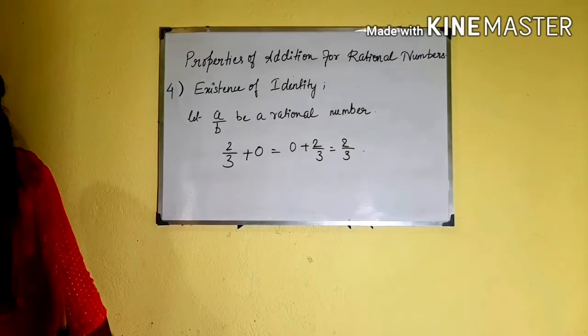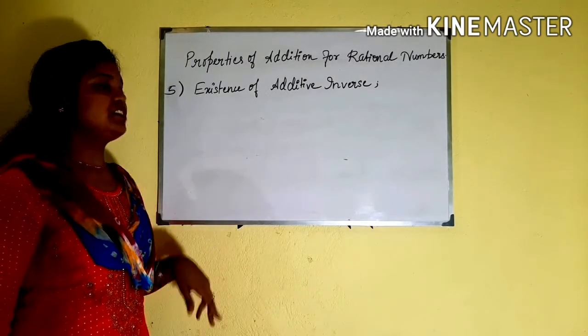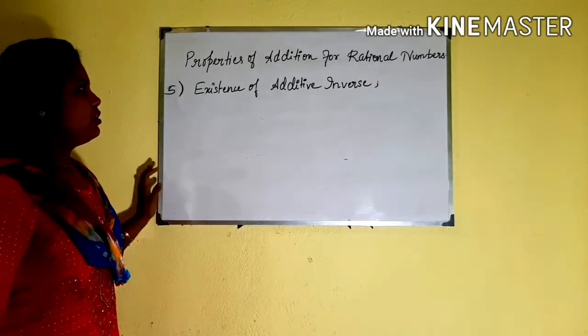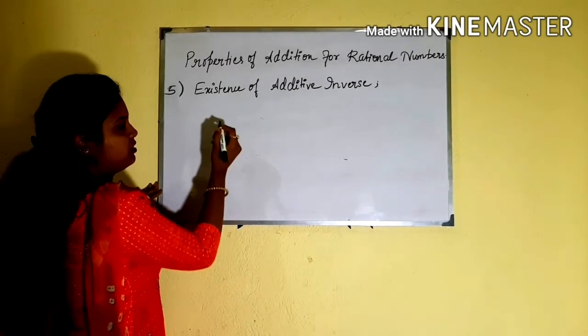Next, fifth property is existence of additive inverse. Now, what is the purpose of this additive inverse? Let us take a rational number.